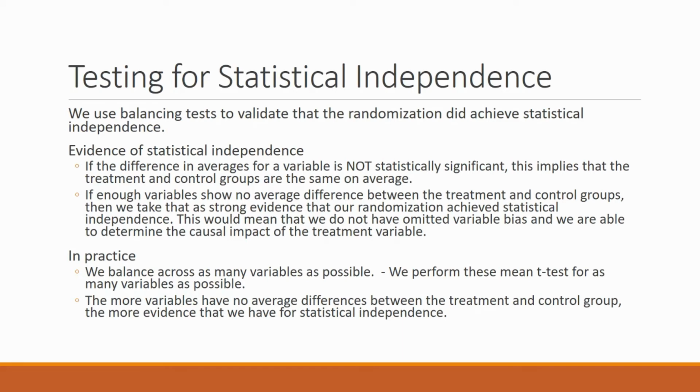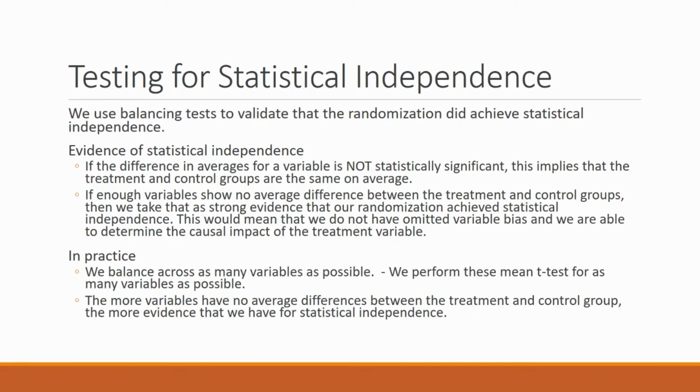All right, now let's go into more detail. We use balancing tests to validate the randomization. We use balancing tests to validate that the randomization did achieve statistical independence. So this is to provide evidence of statistical independence. If the difference in averages for a variable is not statistically significant, this implies that the treatment and control groups are the same on average for that variable.